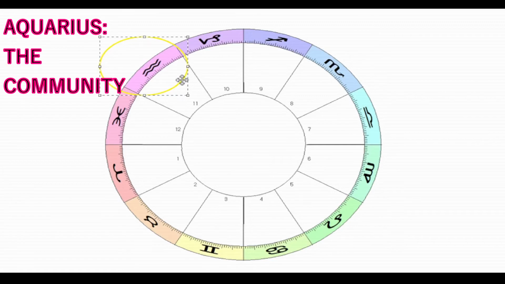You can't harvest all of this by yourself. Going back to Capricorn, Capricorn does also have a lot to do with family and lineage for some of these reasons. But during the Aquarius season, community is the most important thing.